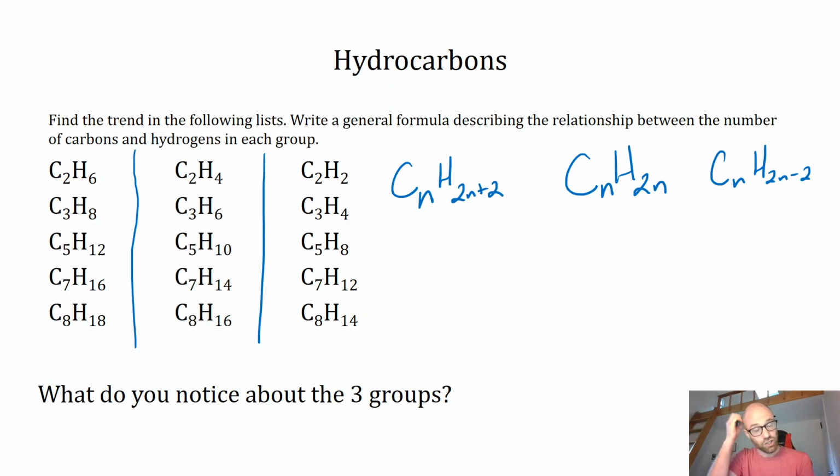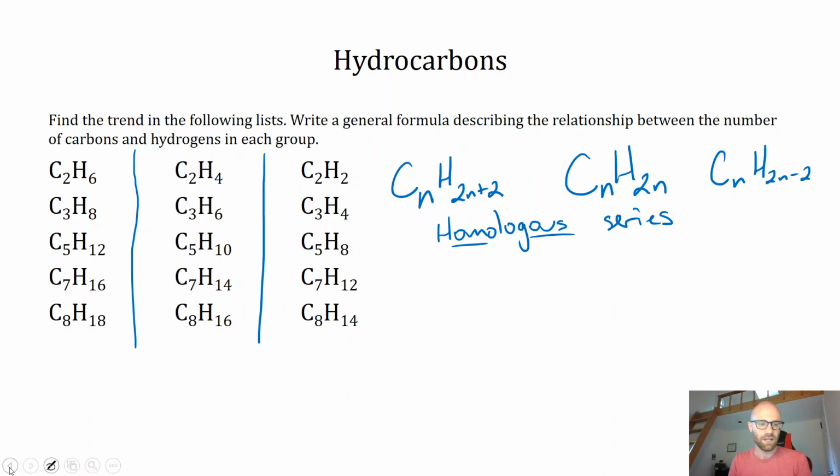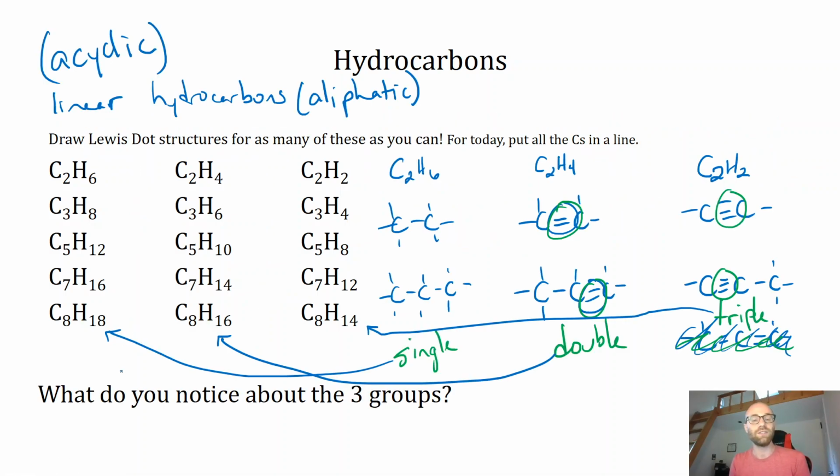These general formulas outline what we call the homologous series. Homologous, literally breaking down the term, means looks the same. So this formula describes these molecular structures, and so they're related.